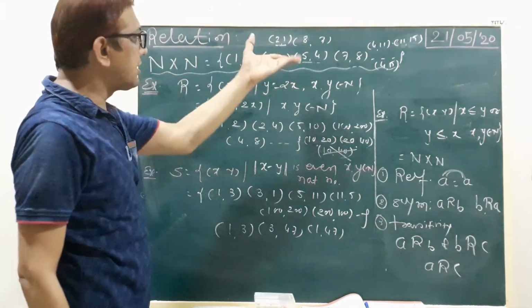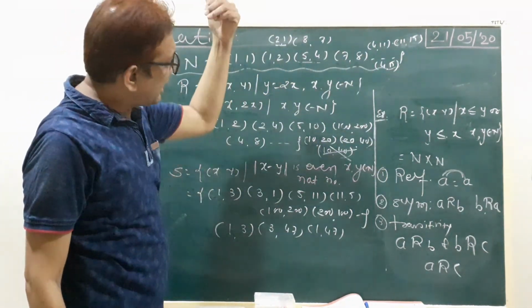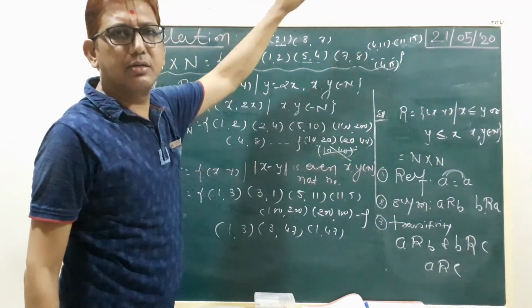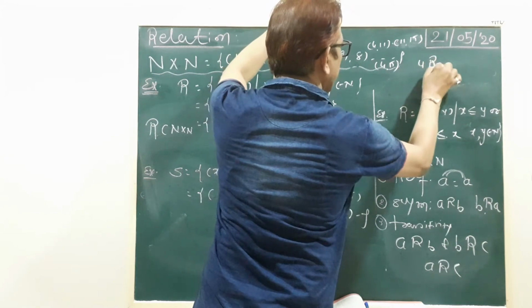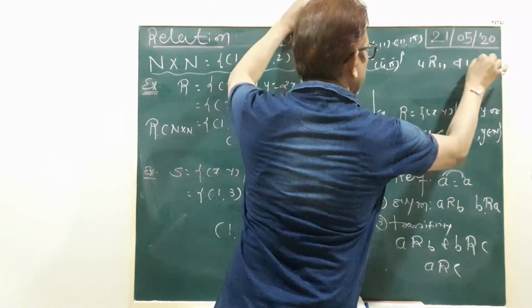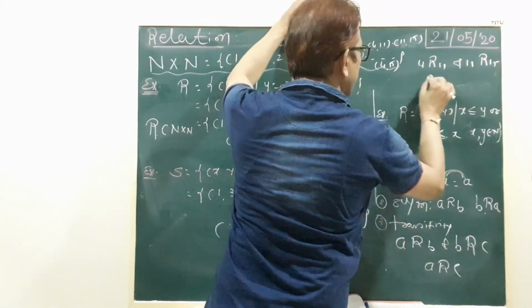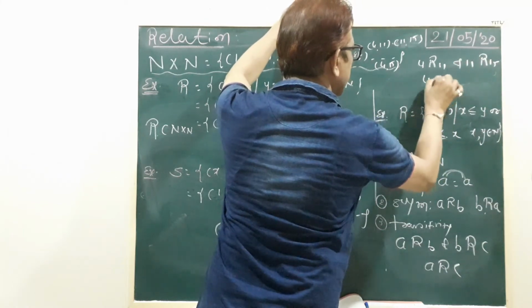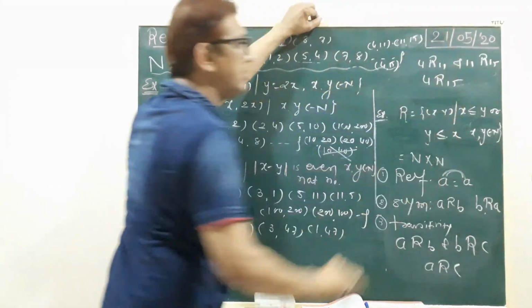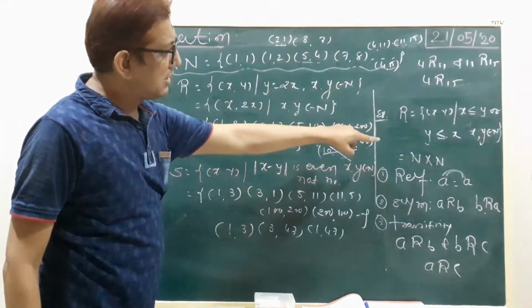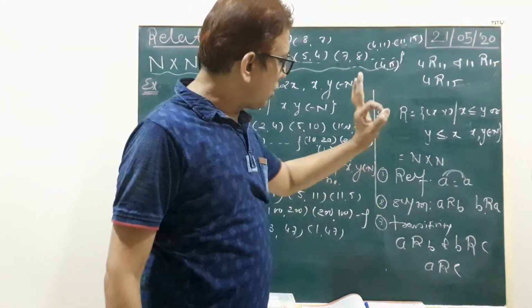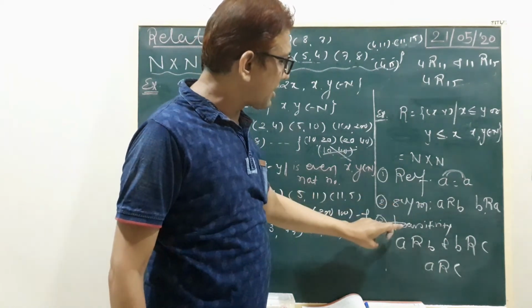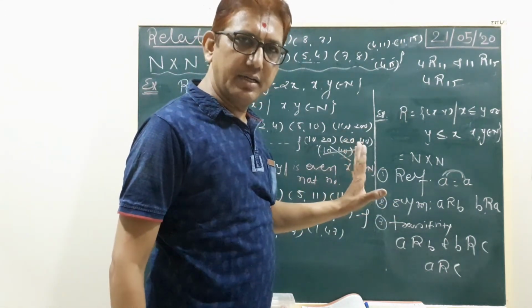Because it is N cross N. You can write any positive natural number in your bracket. So here 4 relation 11, 11 relation 15. Common element cancel, 4 relation 15, right? So here this is your universal relation. A universal relation always satisfies reflexive, symmetric and transitivity, right?